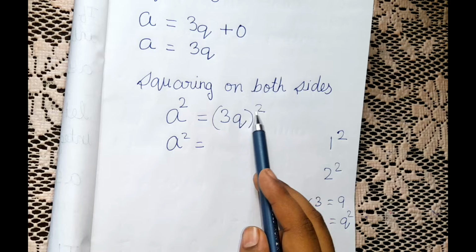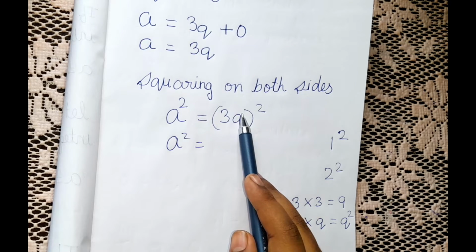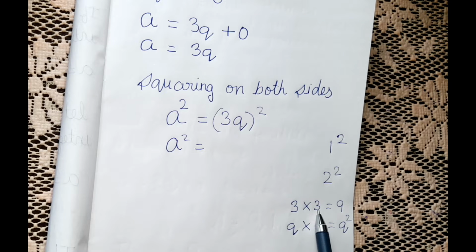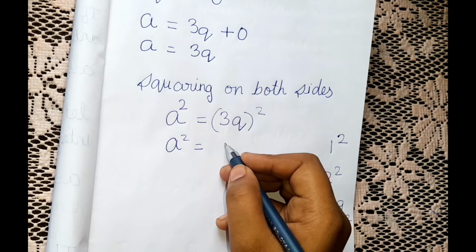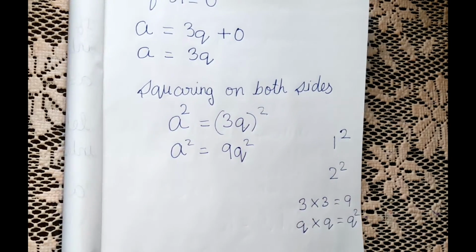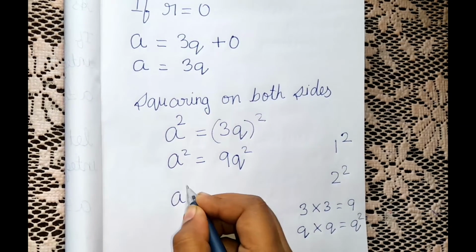Because this 2 belongs to 3 as well as q. That means 3 square and q square. So if it is 3 square, then 3 into 3. So we got the answer 9. Then q square means q into q. Of course it is q square. So we shall write 9q square.